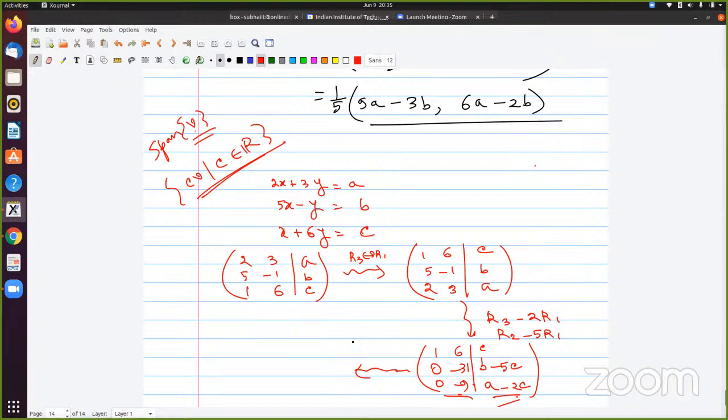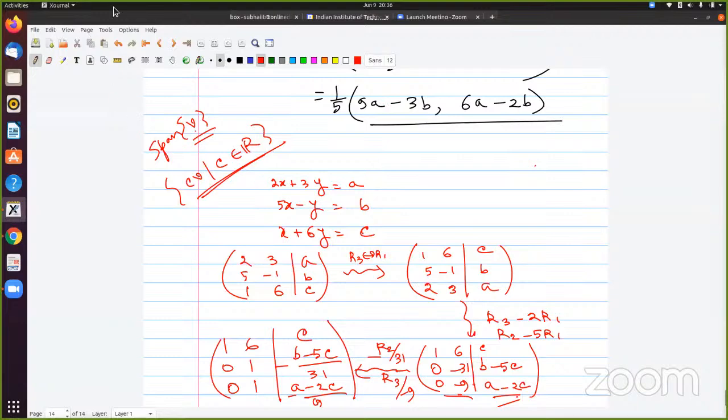Yes, sir. Have you forgotten it? Divide by minus 31: 1, 6, 0, 1, and B minus 5C by minus 31, right? Yes. And here also make it 0 and 1. So R3 by minus 9, and A minus 2C by minus 9, right?